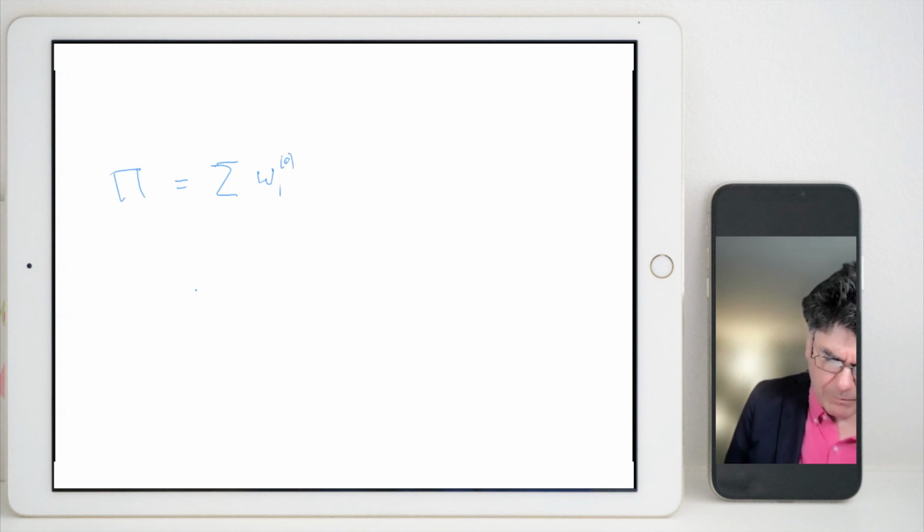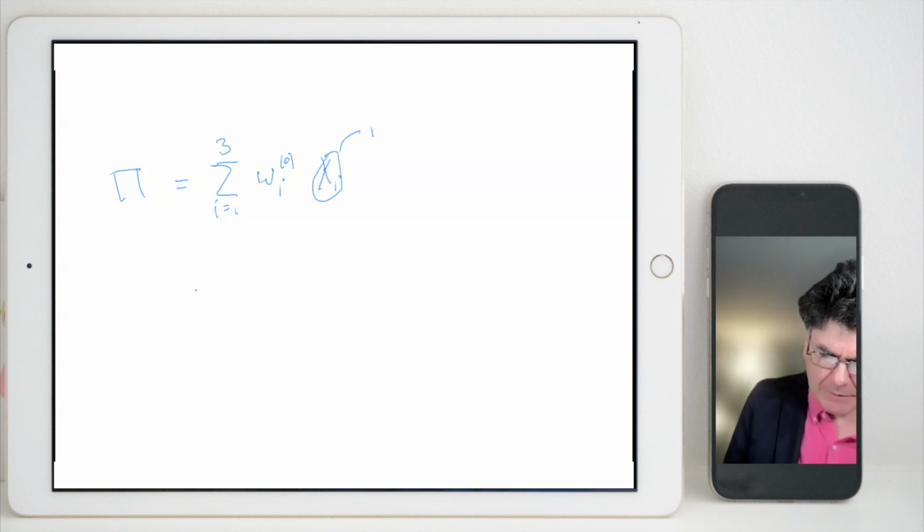It's my whiteboard. Okay. So I have a portfolio. I like to call my portfolio SPY. My portfolio is the sum of some allocations times my variables, which are my indices.